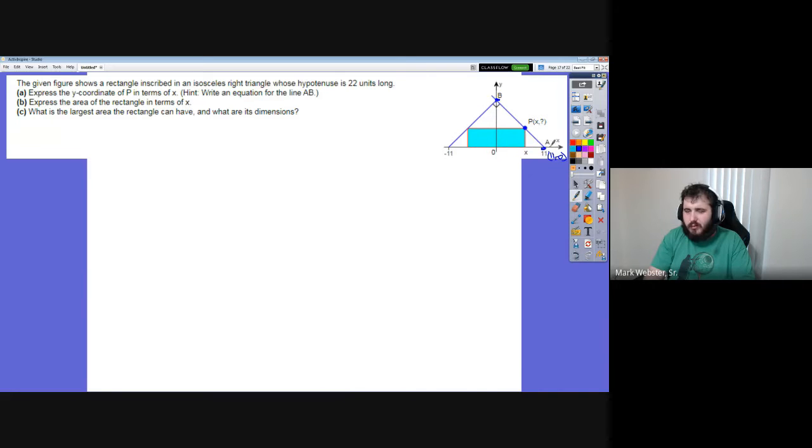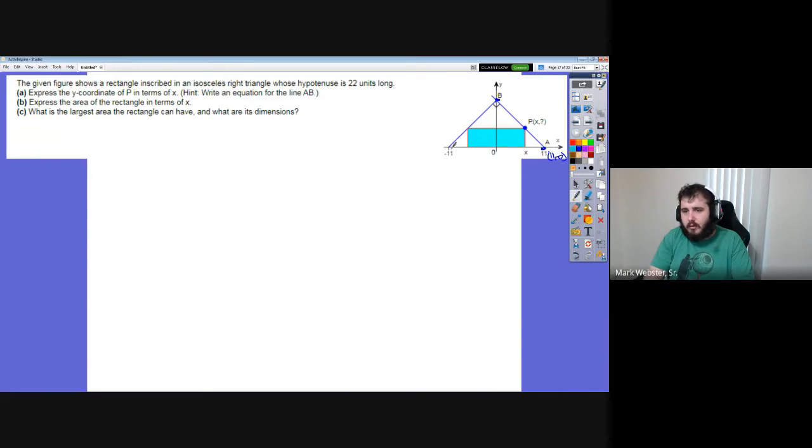You could go through and say, all right, well, this whole thing is 22, so this side piece is 22 radical 2, or 22 divided by radical 2. And then you could do it again because this is also a 45, 45, 90 triangle in here, which means that this is 22 divided by radical 2 divided by radical 2, which is 11.